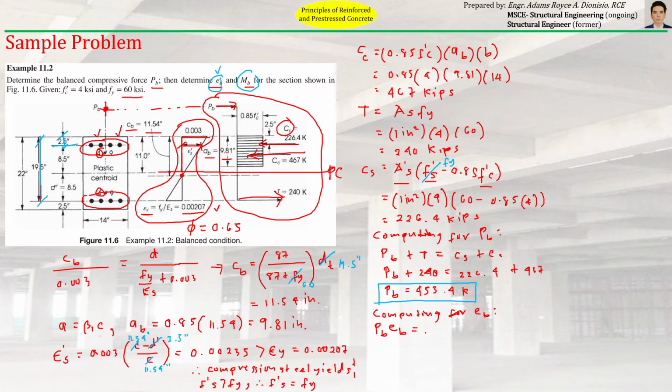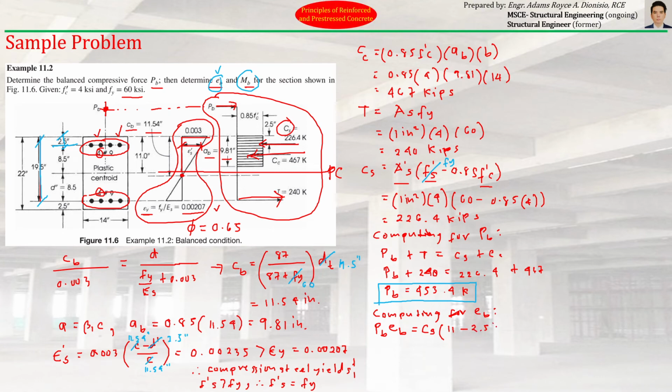Okay? Let's start with CS na lang. CS, ang moment arm niya is, since yung plastic centroid ay nasa gitna, that is just 11 minus D prime na 2.5.